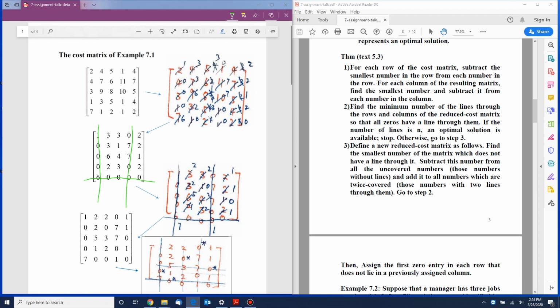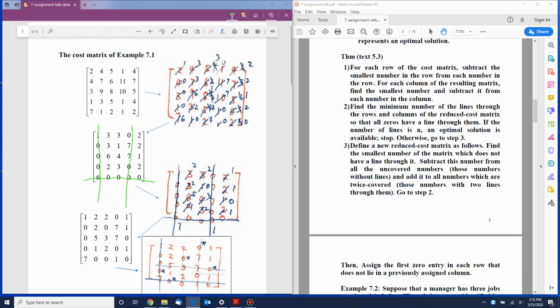So you could see there's 3, 3, 2, 3, 1, 2, 6, 4, 1, 2, 3, 2. So here, what we do in step 3 is, among those uncovered by lines, choose the smallest number. That is 1, right? So each of these uncovered entries, we subtract 1.